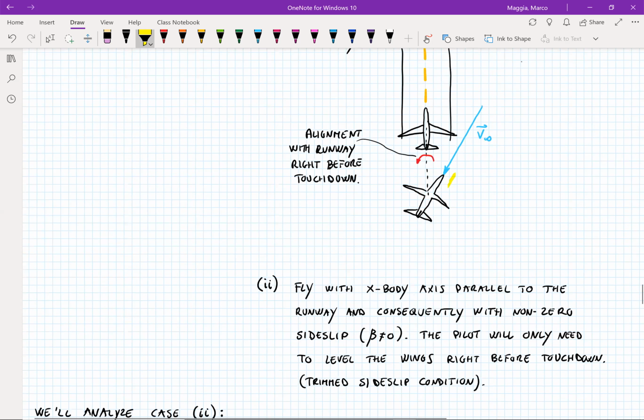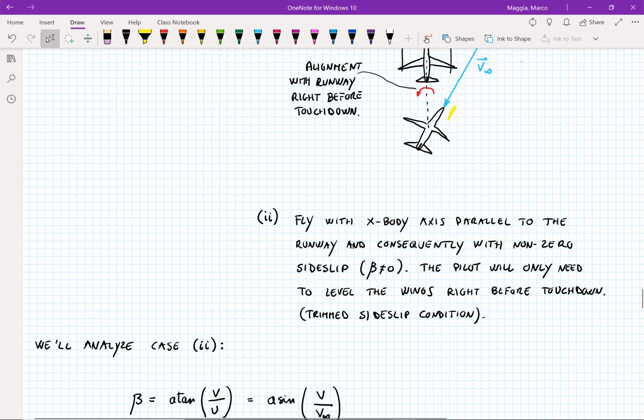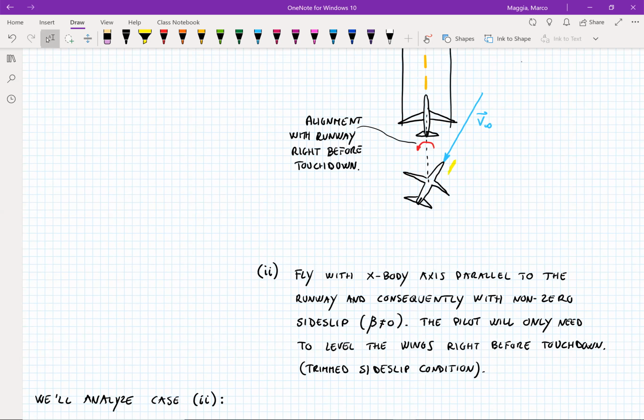The other approach is simply, you fly with your nose pointed in the direction of the runway, and so you have to fly with a non-zero side slip angle, like in the previous example.